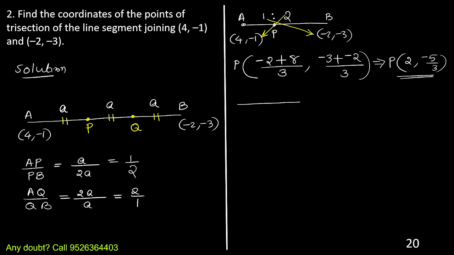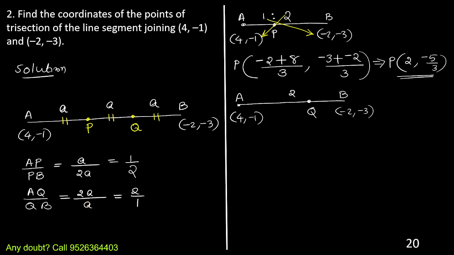Let me draw a separate diagram. A and B are given to us: (4, -1) and (-2, -3). Q is here. Understood? Q, in what ratio does Q divide AB? 2 is to 1.